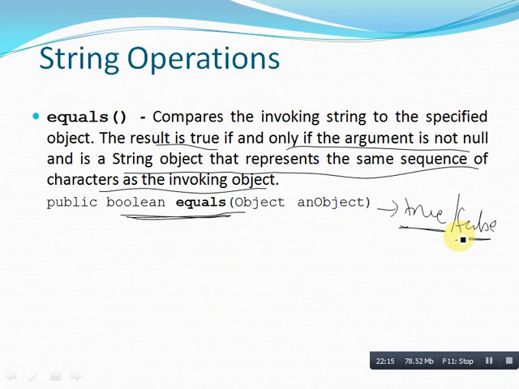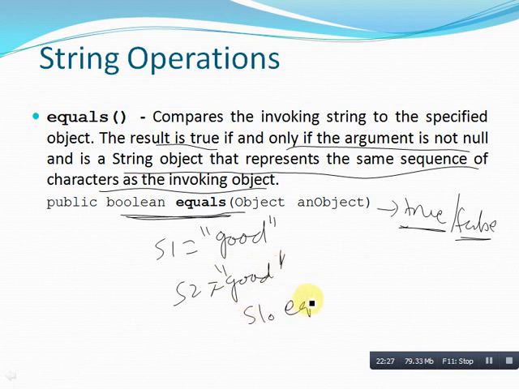So for example, let us compare: S1 is good and S2 is good. Now this S1 dot equals of S2 will give true, because both have the same value.